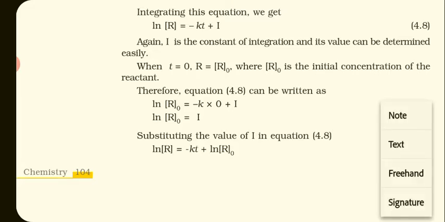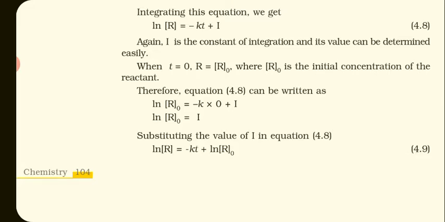So equation 4.8 can be written as natural log R0 is equal to I. Substituting the value of I in equation 4.8, we get natural log of molar concentration of reactant R is equal to minus kt plus natural log of initial concentration of the reactant R0, that is equation 4.9.